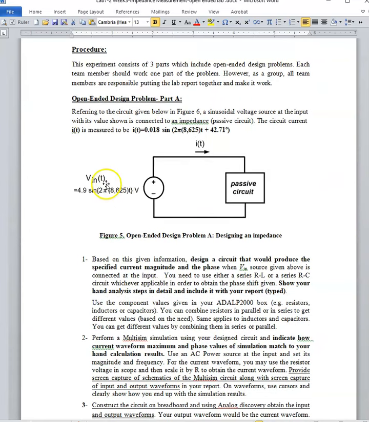This experiment is very straightforward if you know how to work with impedances. In this circuit you're given the voltage source. As you can see, the frequency and the magnitude are shown, and then you're also given the current waveform in amperes. Notice that there is a phase shift, so the current is leading.